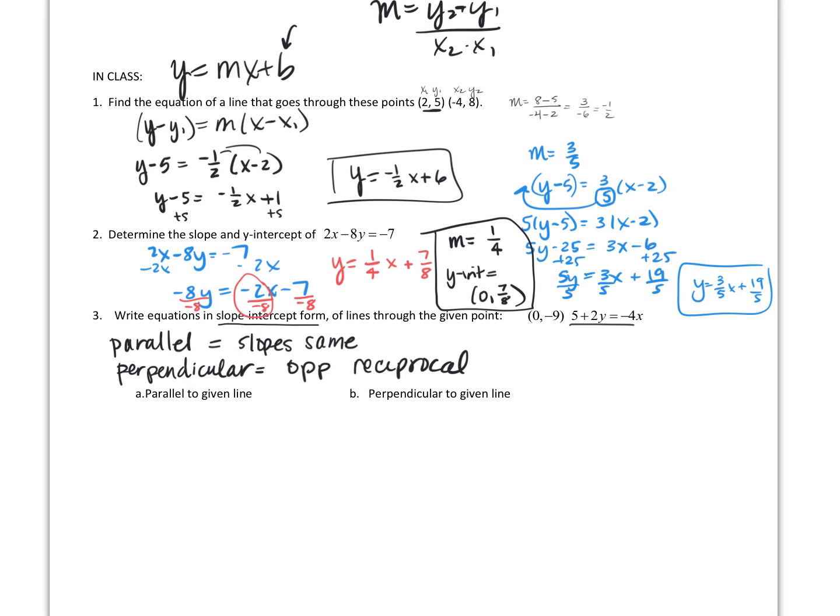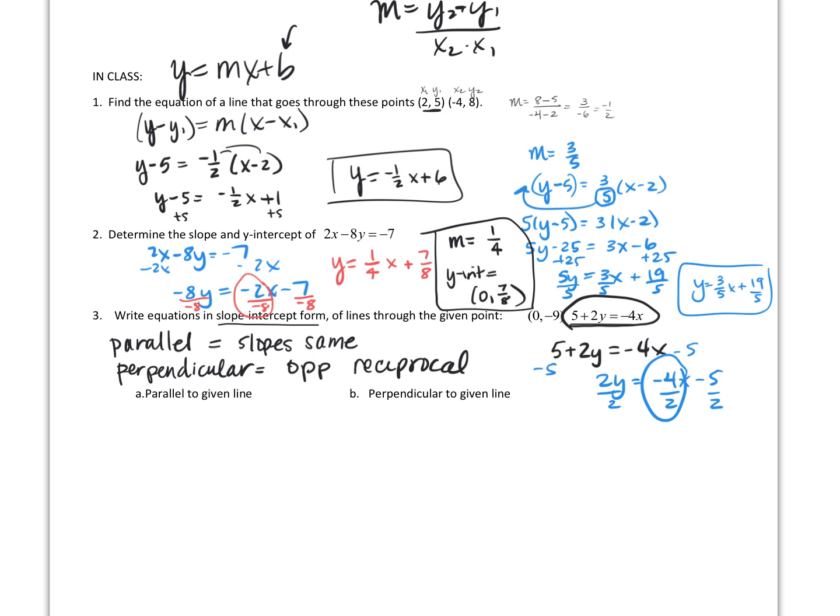Okay, so they give you a line right here, and the whole purpose of that line is only to find the slope. That's what you need from it. So we need to do a little bit of rearranging to find the slope here. So I'm going to, let's see, subtract. So 2y equals negative 4x minus 5. Divide by 2.